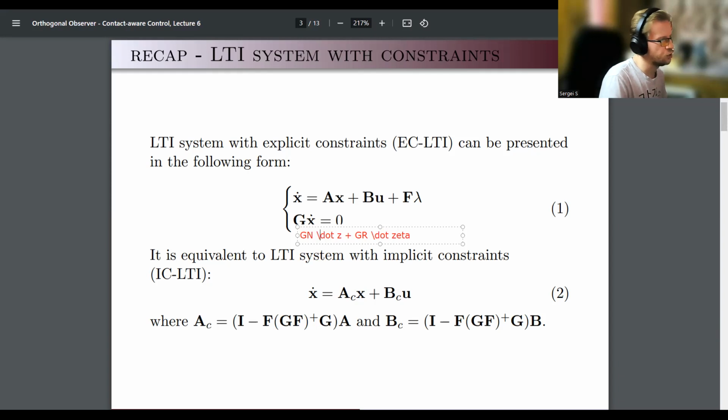So I use this dot kind of like to imitate LaTeX syntax. So I open up this notation. X dot, as I said, is equal to N Z dot plus R zeta dot.